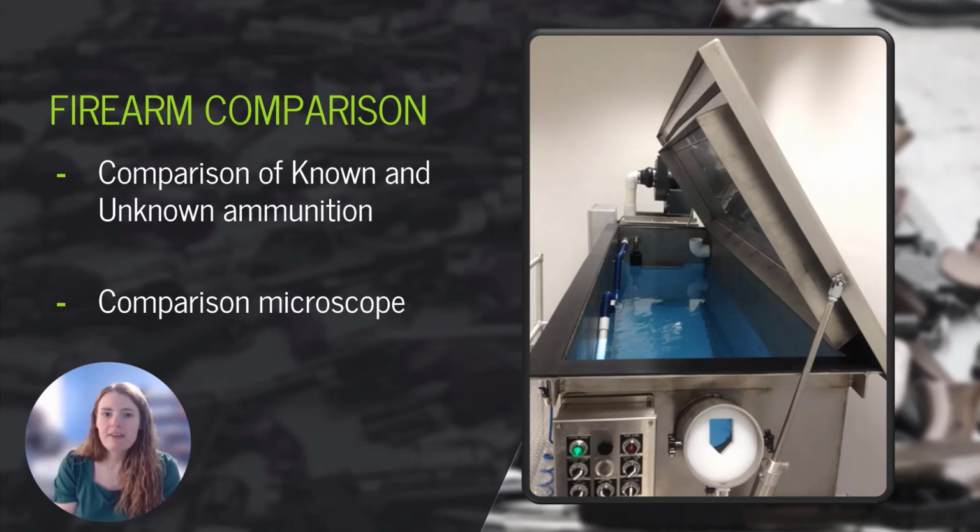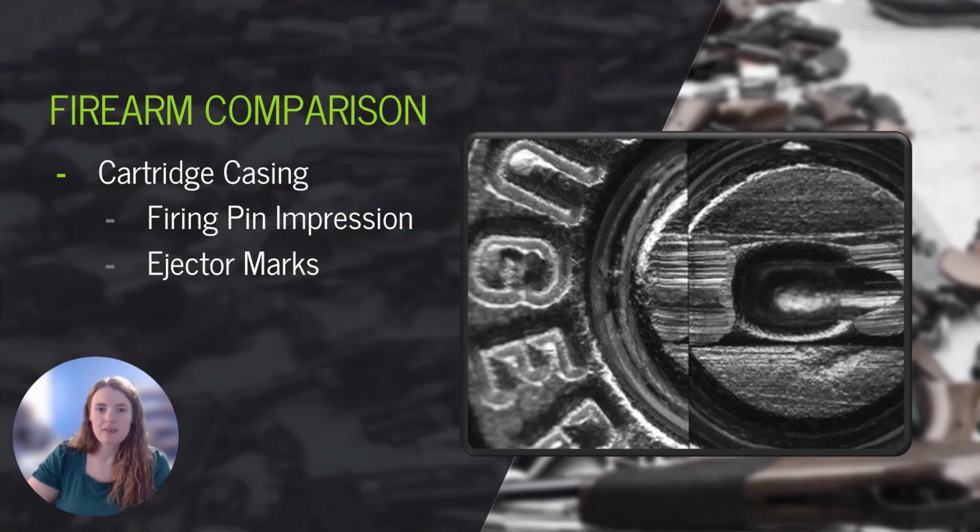scene. Fired ammunition is collected via bullet traps, like this water trap shown in the photograph, because they slow the bullet down and allow them to be collected by the investigator without damaging the markings or the sides of the fired ammunition. Once you've collected the fired bullets, you can compare the knowns and the unknowns visually using a comparison microscope.